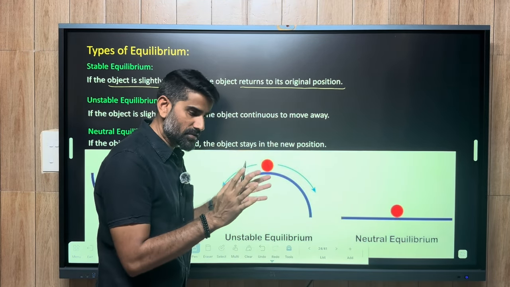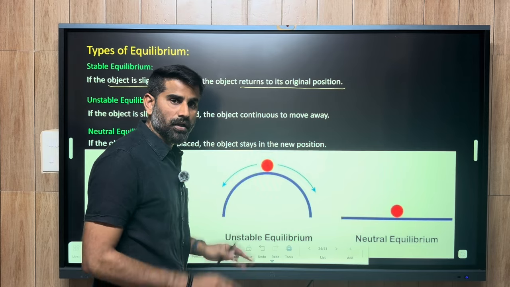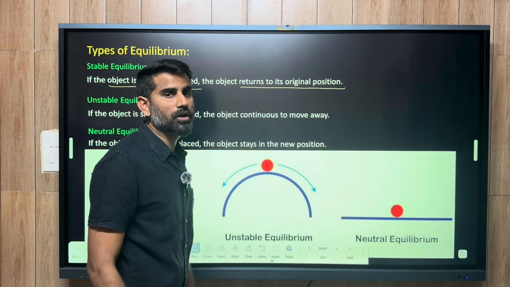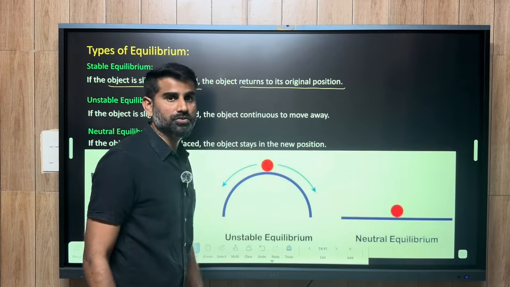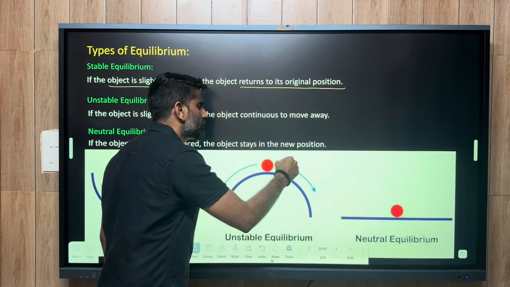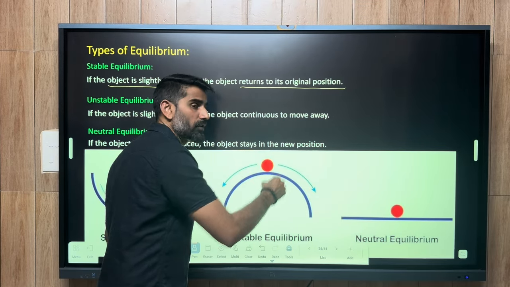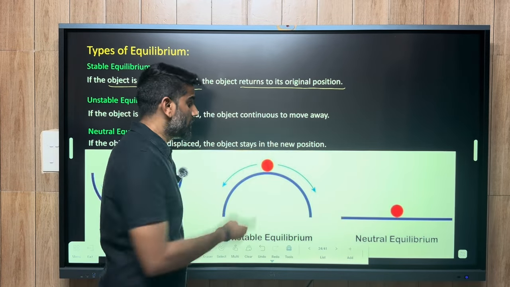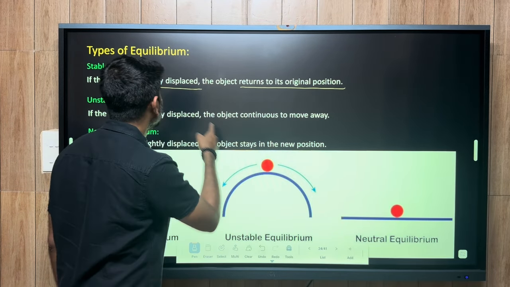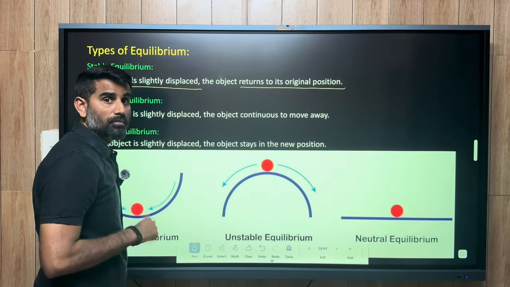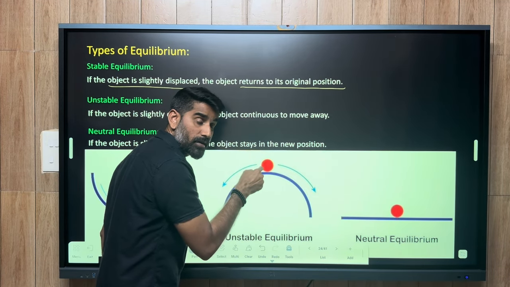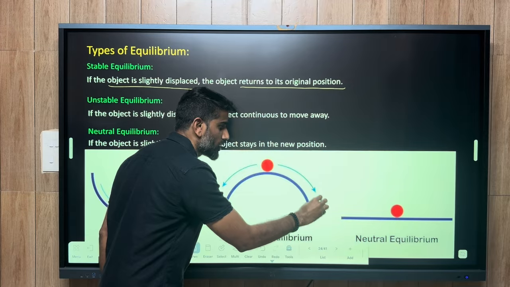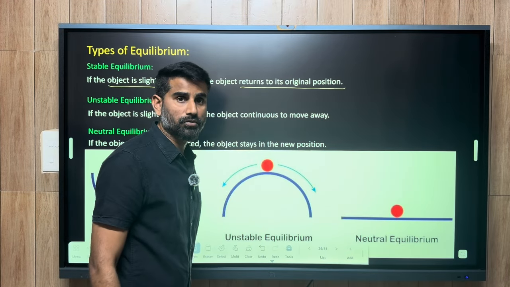Now let's say this system is in equilibrium. The marble is not moving, it is exactly at rest, and the entire system is in equilibrium. Now what I am doing is giving a slight push, or displacing this object slightly, a little amount of displacement. Then what happens? It has to come back if the equilibrium is stable. But in this case, the marble will not come back, but continues to fall down.